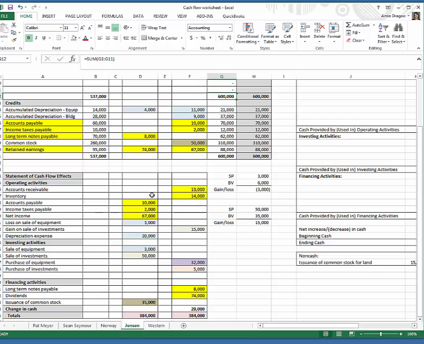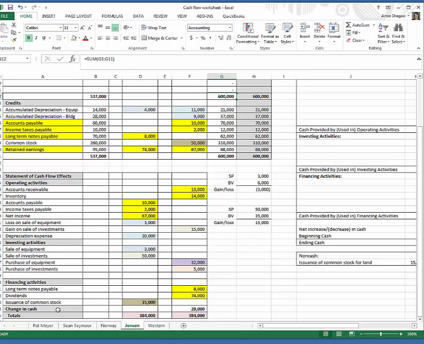And then your last step is to make sure that you feel like you've got all of these items in the right section. So the operating, you should have your current assets, your current liabilities, your net income, and your non-cash items that affect your income statement, like depreciation and gains and losses. Investing should have changes generally in long-term assets, so we've got equipment investments, pluses and minuses.